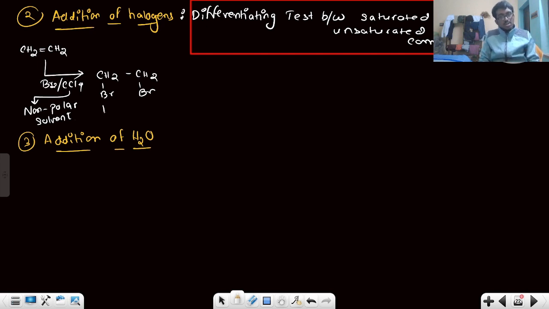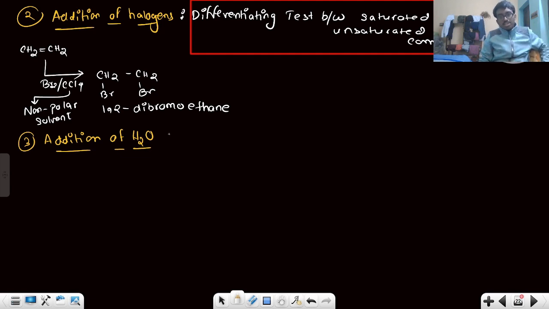So this is nothing but 1,2-dibromoethane. Understood? So if it is asked ethylene to 1,2-dibromoethane, simply we will be using Br2/CCl4. Any doubt? I hope no doubt. Similarly, we can do it for iodine and chlorine as well. You can use iodine, but chlorine will not be used because it is explosive. Clear? Addition of halogen done. Okay, next.